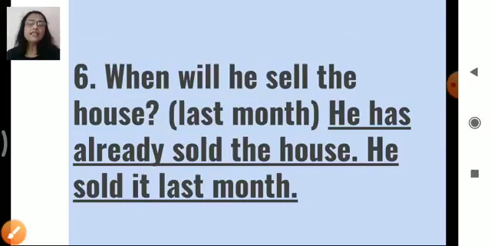When will he sell the house? Last month. He has already sold the house. He sold it last month. Again same. Past participle and past tense is same here. So sell has changed into sold. And the past participle is also sold. He has already sold the house. He sold it last month.